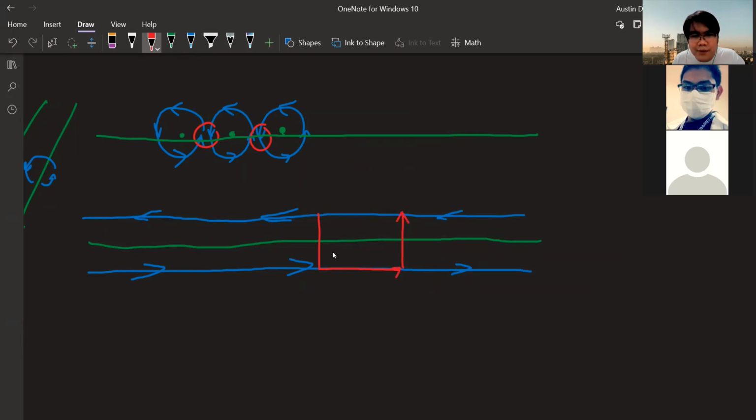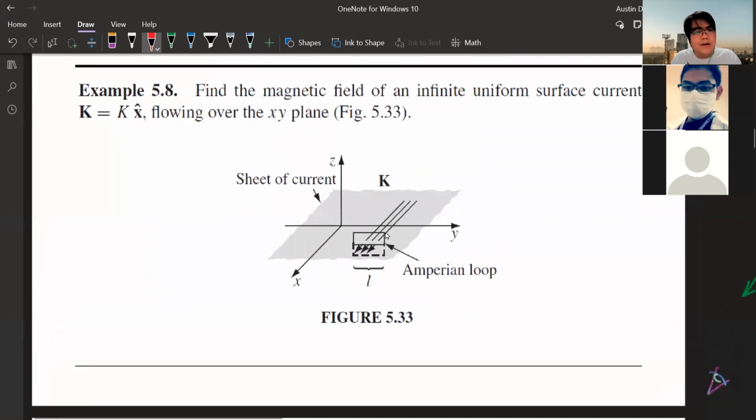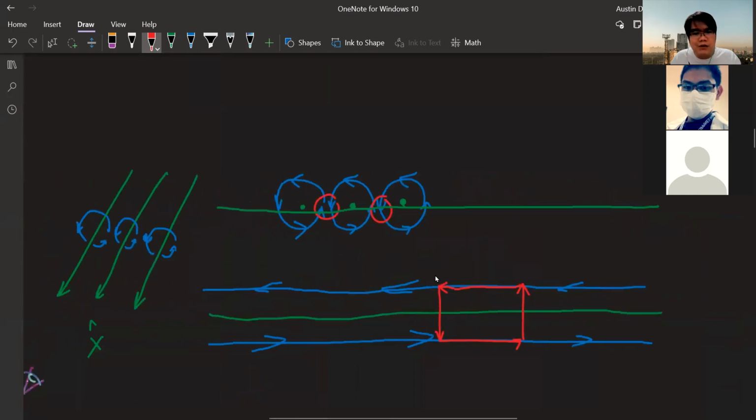Upward, then going here. Pag ganyan yung loop ko, so in 3D, kung mas gusto nyo yung 3D, ito yung loop mo.